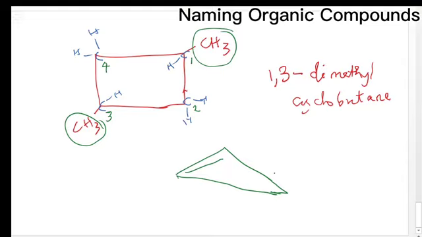Very correct. It is cyclic because it's enclosed, and propene because it has 3 carbon atoms with a double bond. So that is cyclopropene.